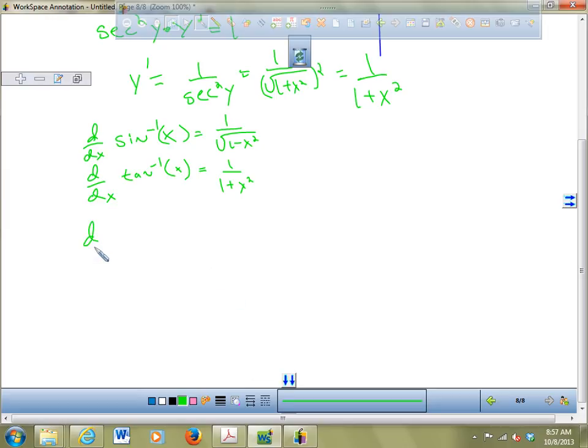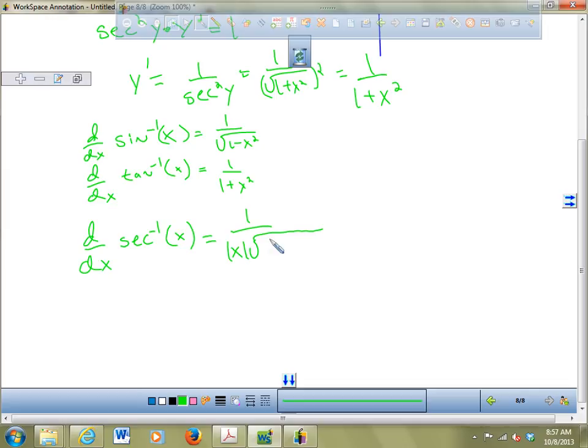Turns out that d dx, if you did it, of secant inverse of x is equal to 1 over, this absolute value sign comes from the domain of secant of x. So if you simplify, if you try to solve it, you get one half was x times this thing, the other half is x minus this thing. So essentially, what you get under the square root sign, I'm going to look up again.